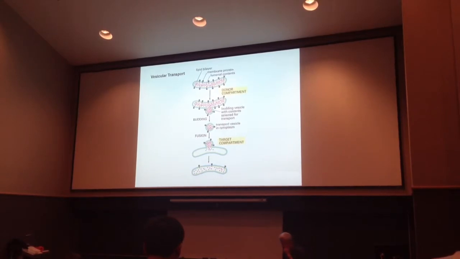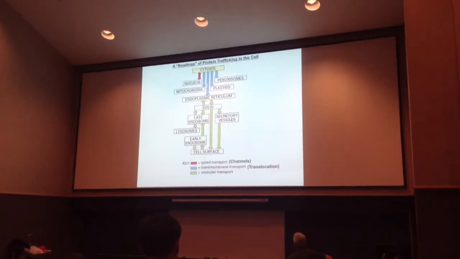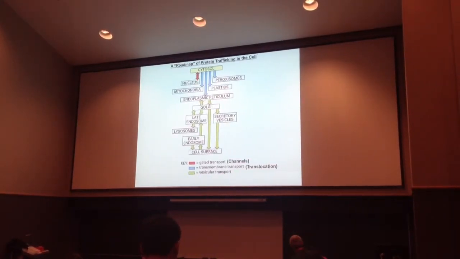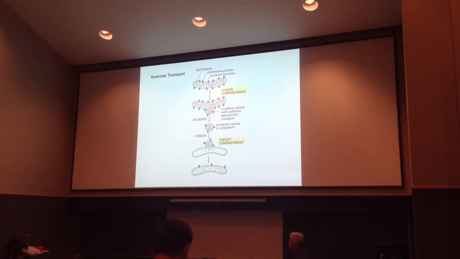This is just a cartoon to show you, we'll talk about this later, about vesicular transport, which is the one that was shown in green. So all of this is vesicular transport. And the process actually includes the budding. So here's the donor compartment here, right? It includes the budding of materials inside from the donor compartment into a membrane vesicle.